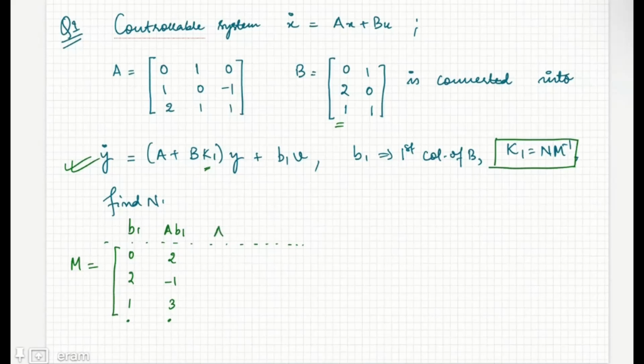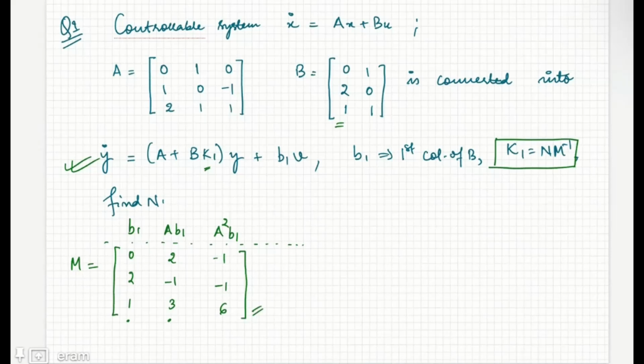Now the last remains, because we have to find a square 3 cross 3 matrix, so the third will be A squared B1. When you calculate A squared B1, you will get minus 1, minus 1 and, I think, 6. When you find its determinant, you will get it to be not equal to 0, so that means this is full rank, and full rank means all these vectors are linearly independent. So this is our matrix M.